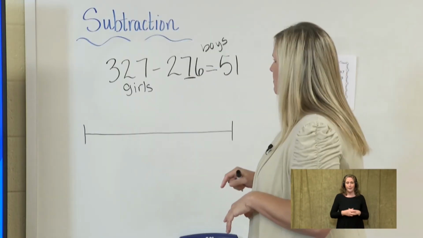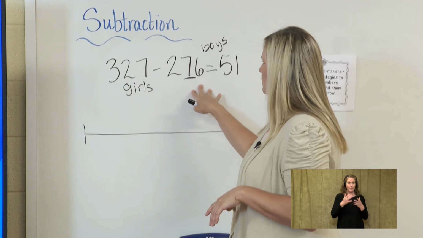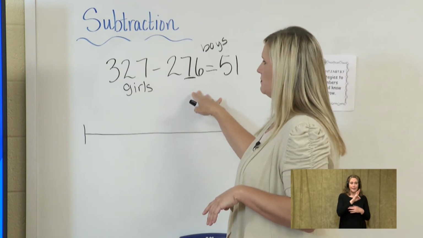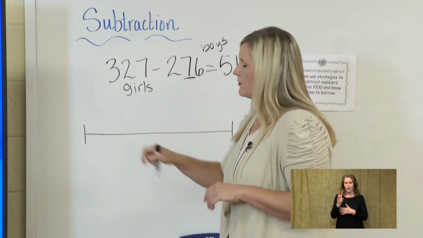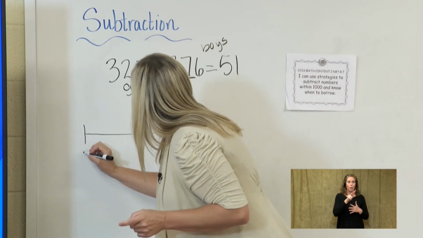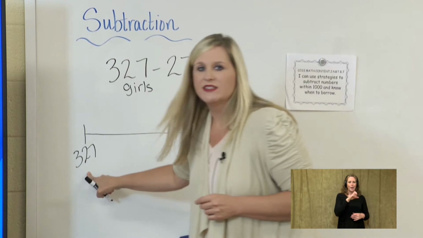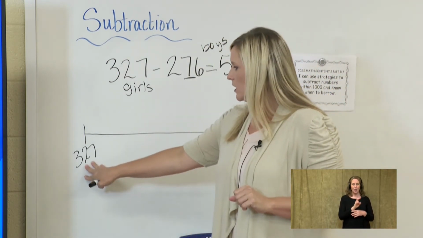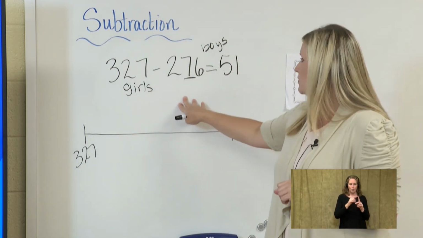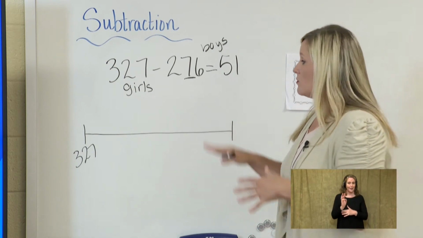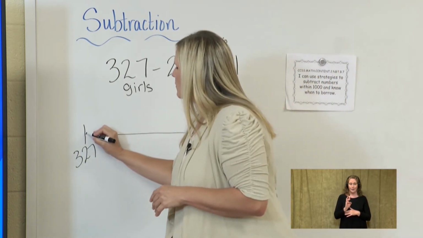Okay, so remember, we have 327 and we want to take 276 away. So here's our number. Remember, we put our number here, and then we're going to take away 276. So remember, we back up on our number line. We're going to go backwards.